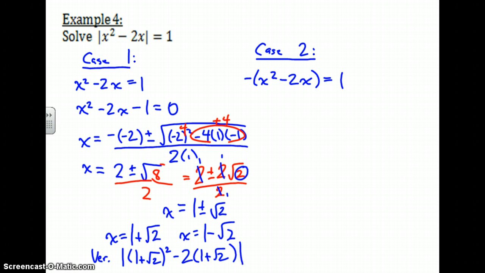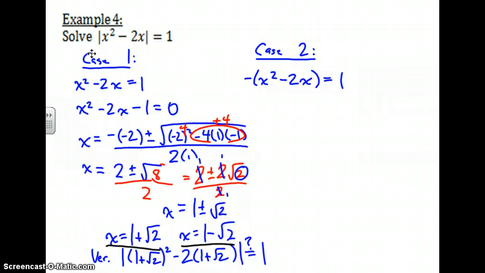Is the absolute value of all that equal to 1? I've gone through that, but I'll leave that to you, and then we have to do the same thing with 1 minus square root 2. We want to see if both solutions are valid. There's only one valid, so go through that and see.